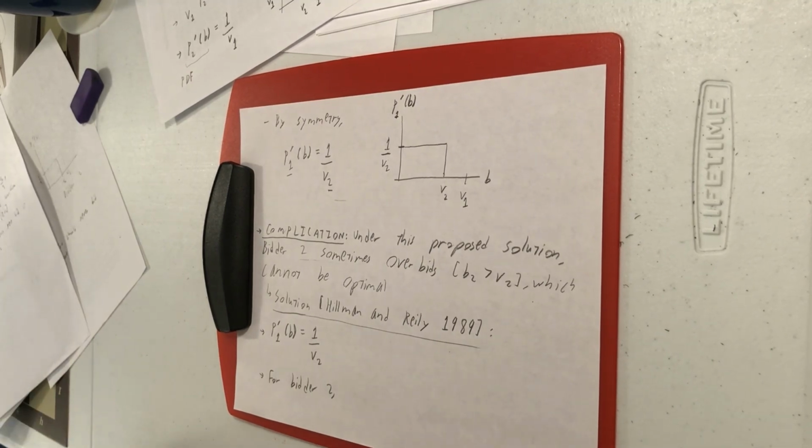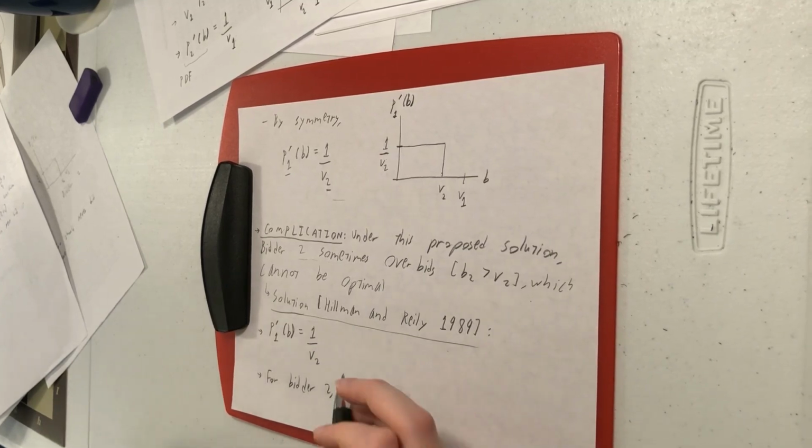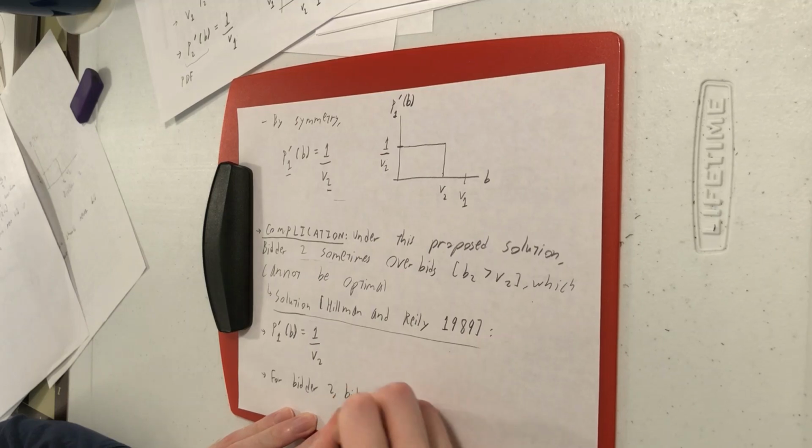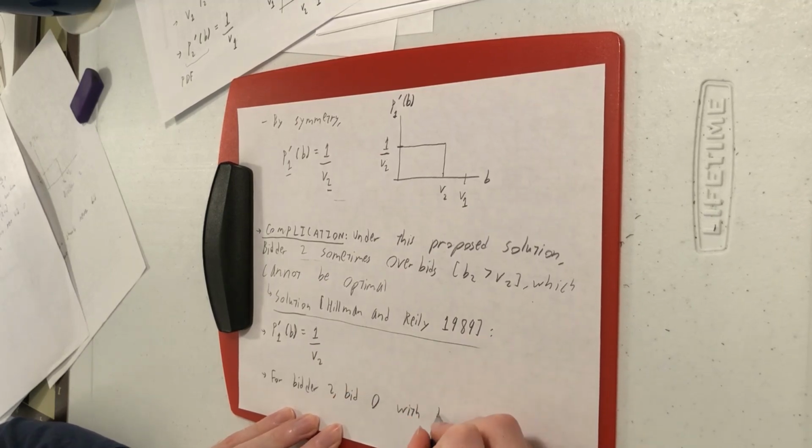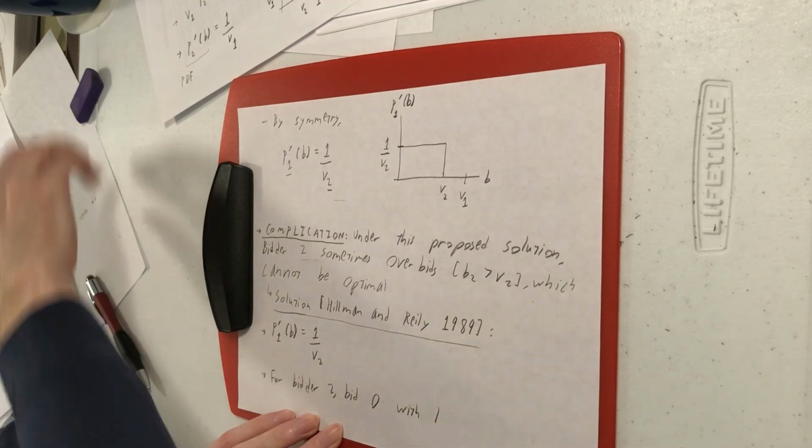So for bidder 2, they show in their paper, and it's rather complicated, so just trust me on this one, they should bid 0 with the following probability.